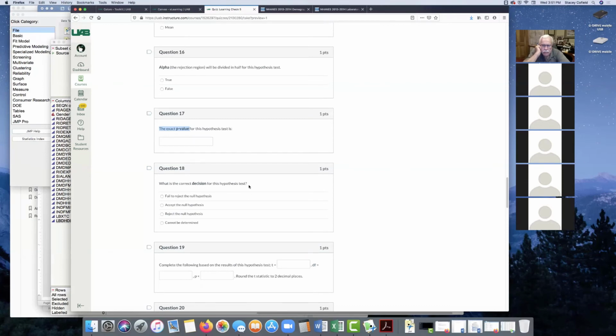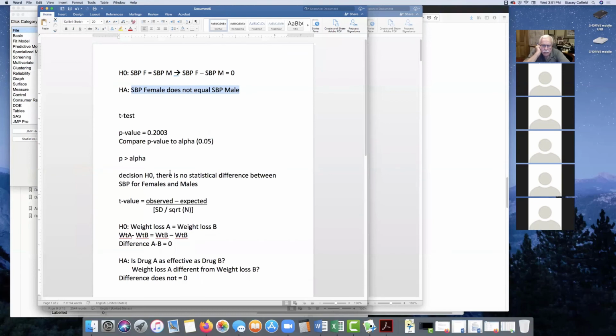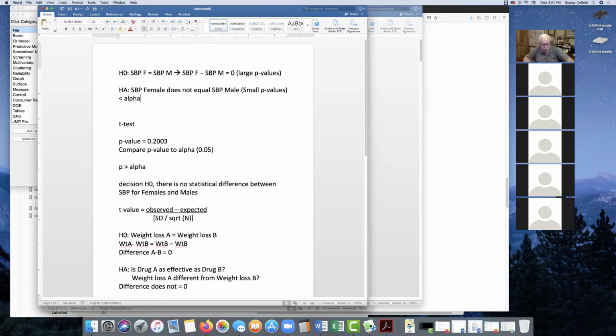Then it's going to ask you for the decision, which we have already walked through a couple of times here. Remember, large p-values are here, and small p-values, as in less than alpha, will lead us to the alternative.